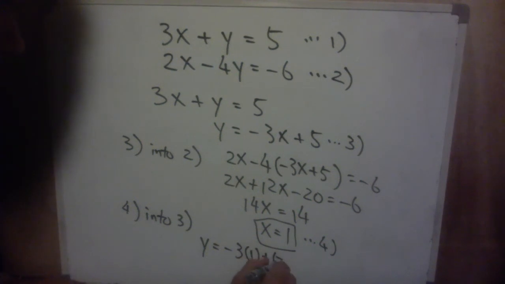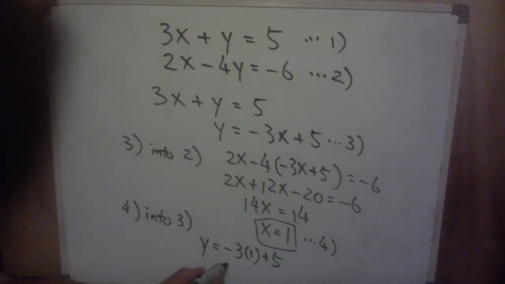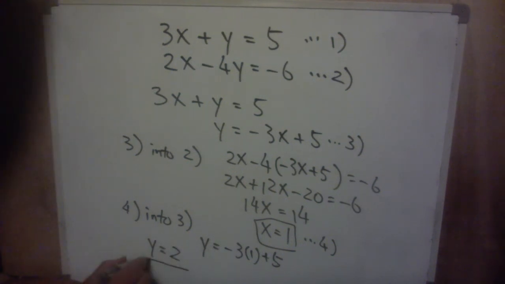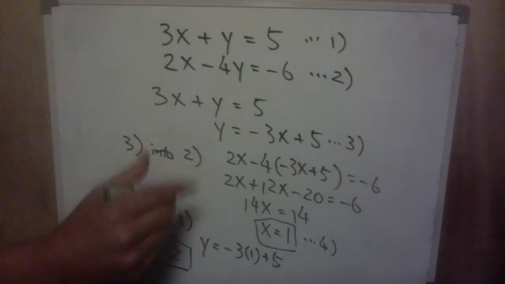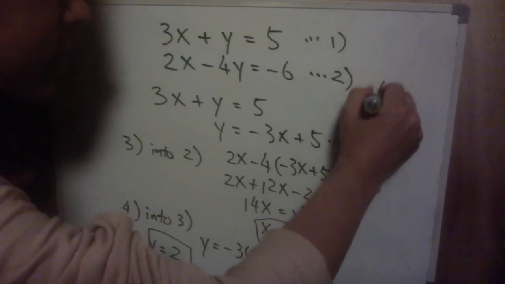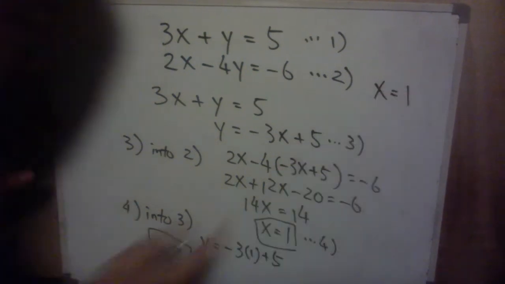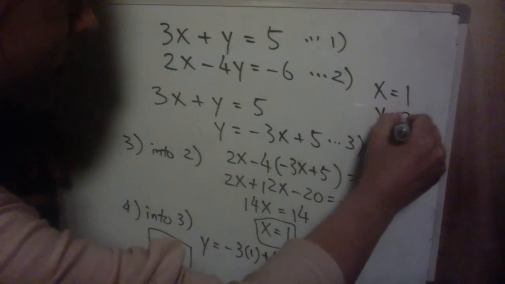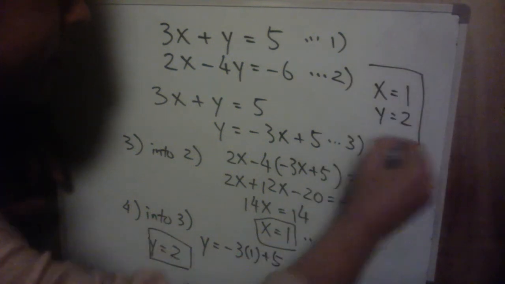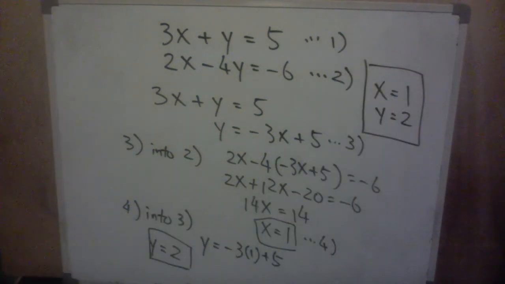That's just negative 3 plus 5, so y equals 2. So it looks like we have our solution. I'm just going to write it out here: x equals 1 and y equals 2. And that is our solution.